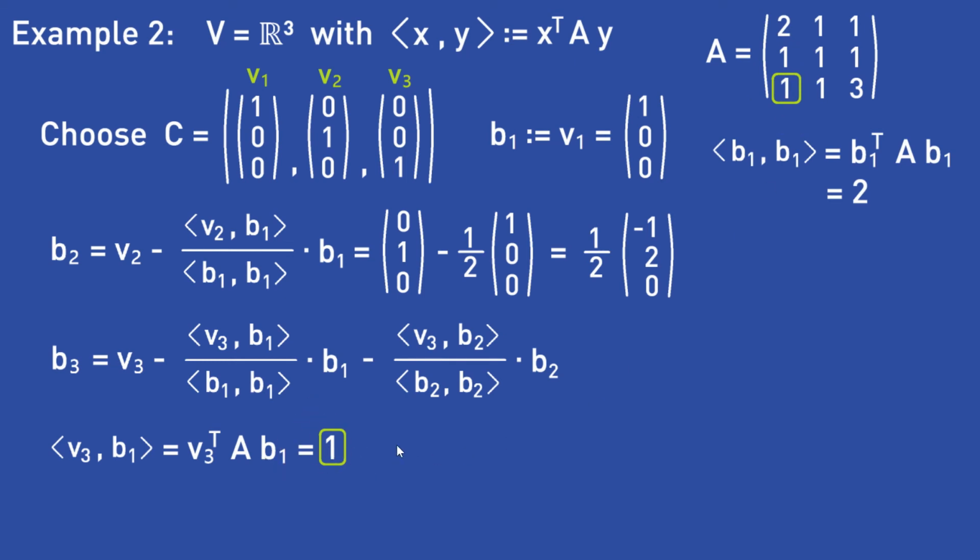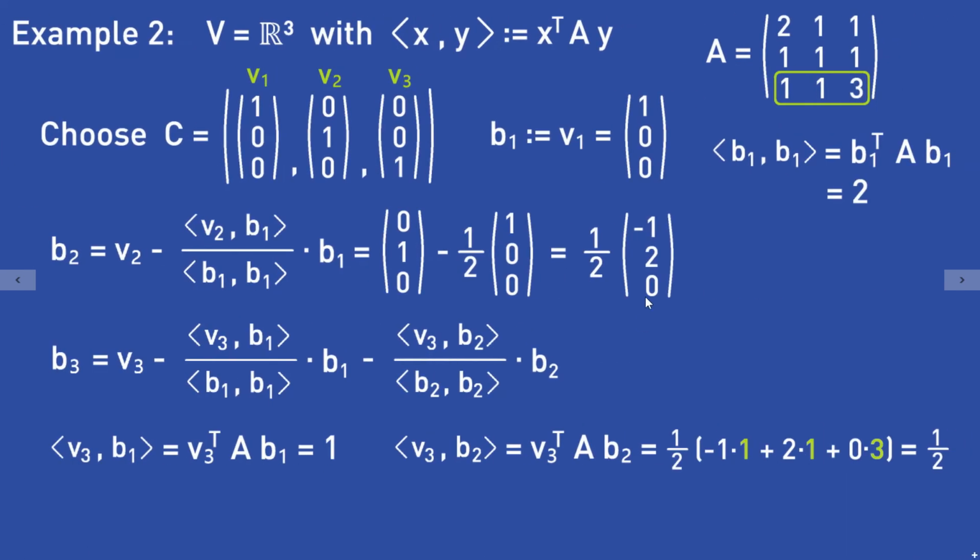Because we have already calculated the scalar product of B1 with B1, we will now calculate the scalar product of V3 with B2. So the scalar product of V3 with B2 is equal to V3 transposed times A times B2.